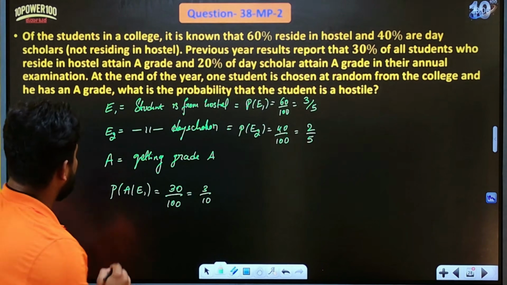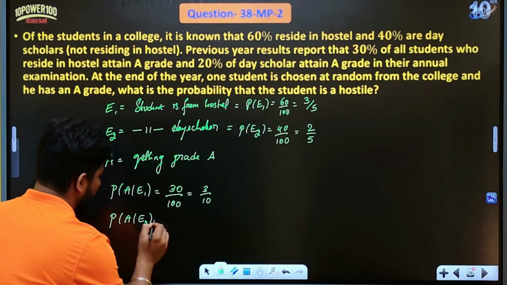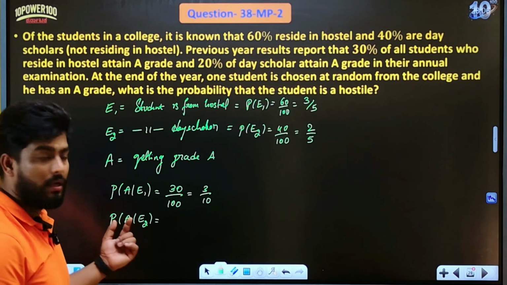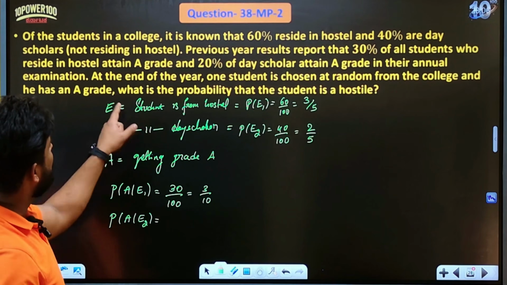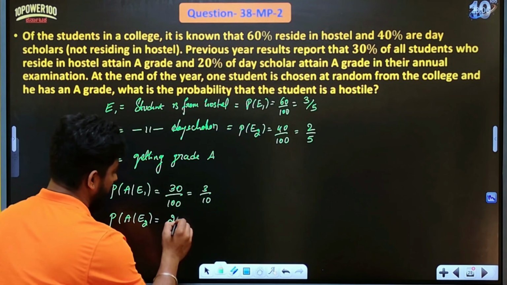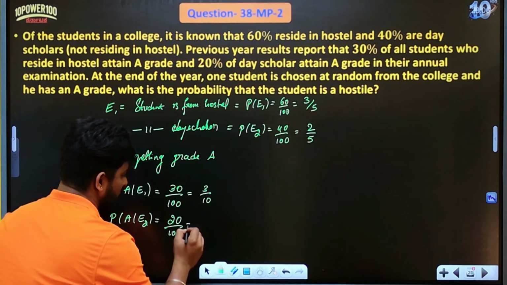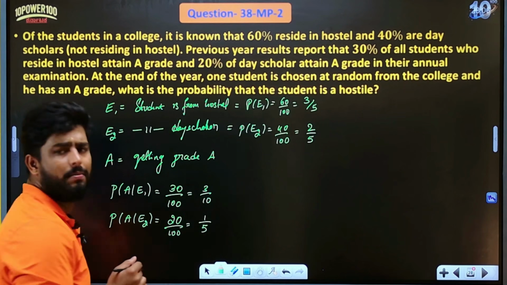Okay, next, probability of A given E2 we will find out. A given E2 means probability of getting grade A given that the student is a day scholar. So it is 20%. So it is 20 divided by 100, that is nothing but 2/10, that is nothing but 1/5. Yeah.